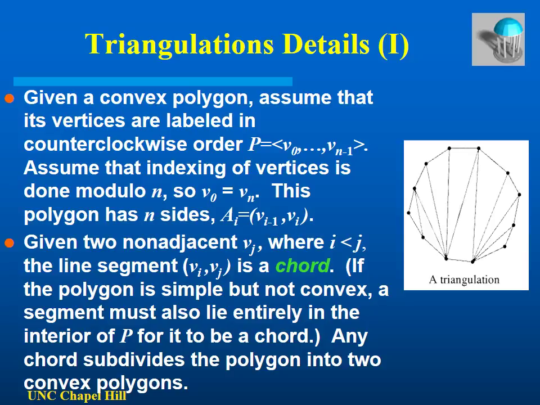So now the lines connecting one vertex to another are chords. And we can describe that by the ij that are the two points being connected.